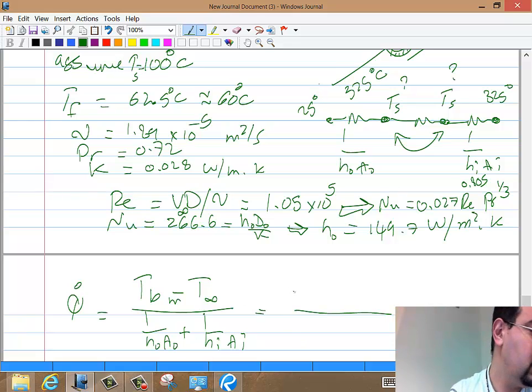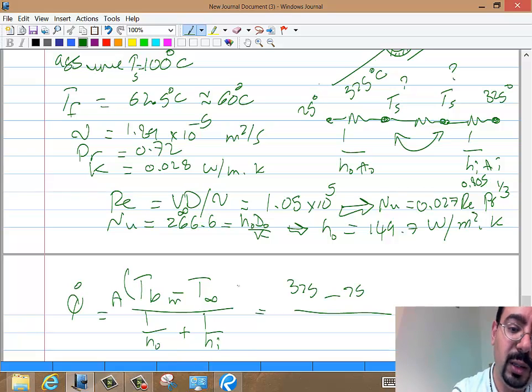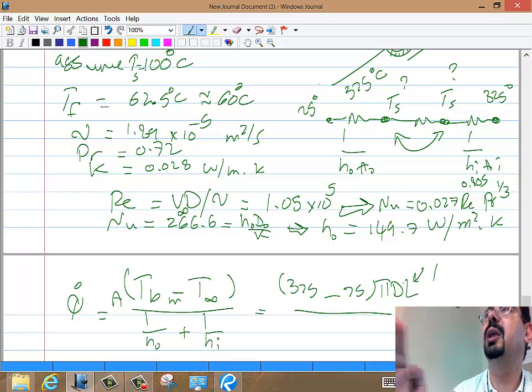conduction inside. So 325 minus 25 over the, so by the way, that area is the same as that area. Actually, we can take them from here and just write them here. Correct? And so that area is, of course, pi D L, and that L was 1, because we are doing it per unit length.